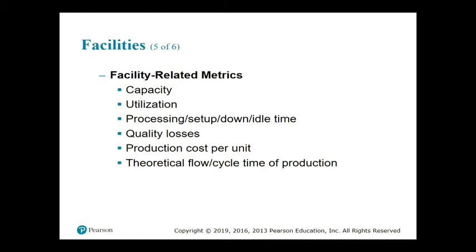The theoretical cycle or flow time is the time that the product will spend in the facility, assuming there is no delay. Of course, that is almost never true in reality. So then we have the actual average flow or cycle time, which is basically the theoretical time plus the amount of delay.